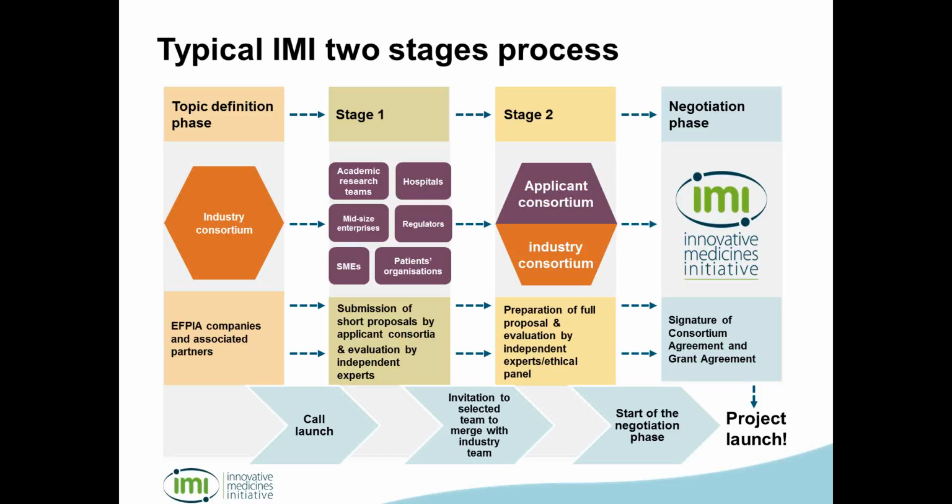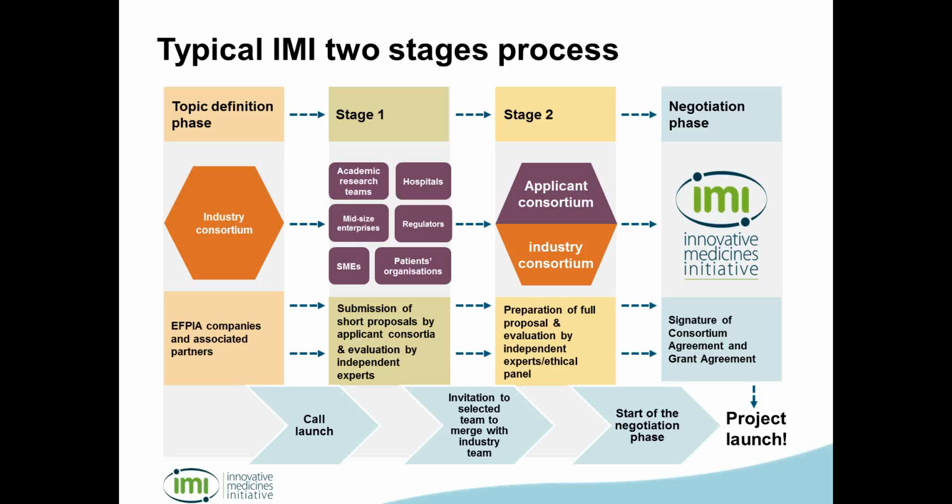So following the submission deadline, there is a competitive evaluation. So your consortium will be evaluated against all the other consortia who have submitted. And only the successful consortium, only the top ranked, will go forward to the next stage, which is stage two.